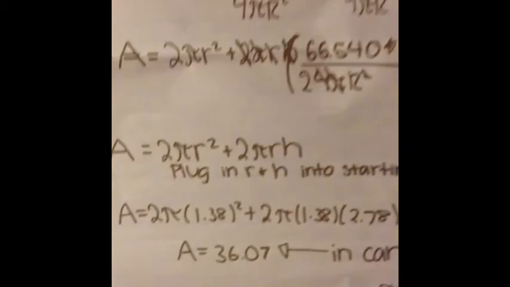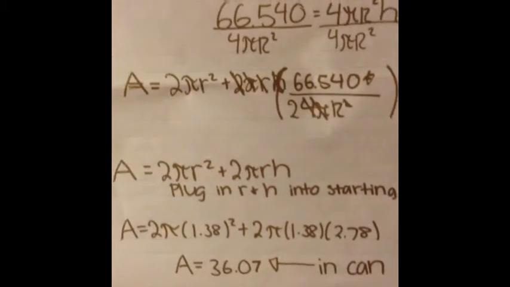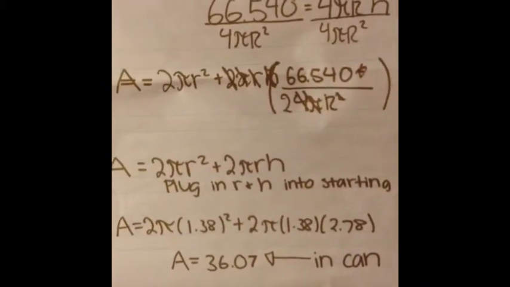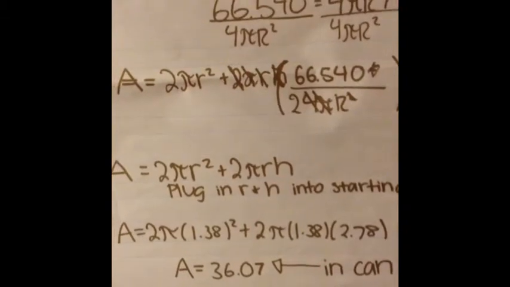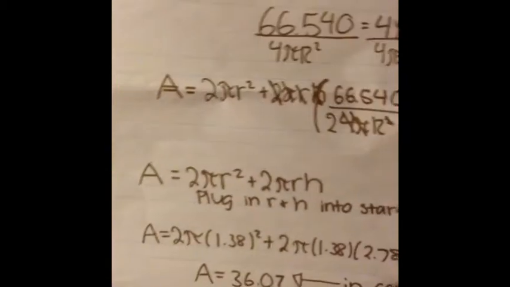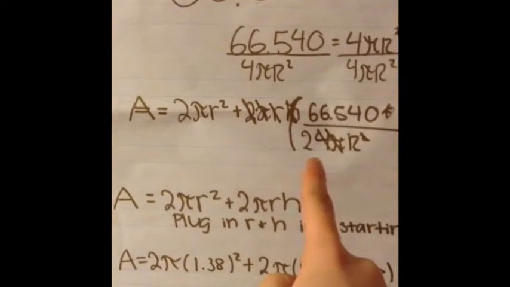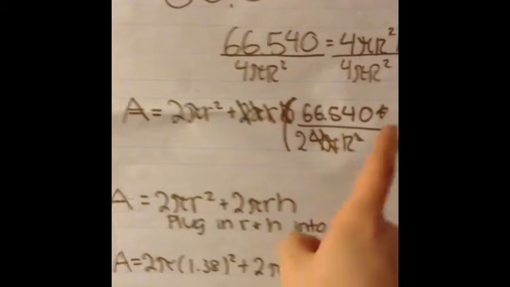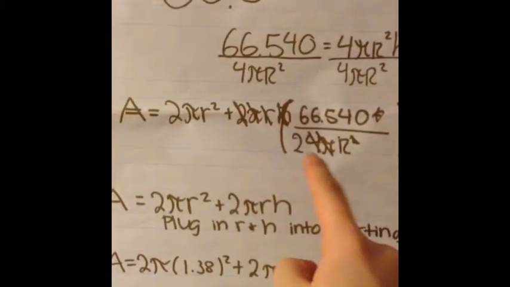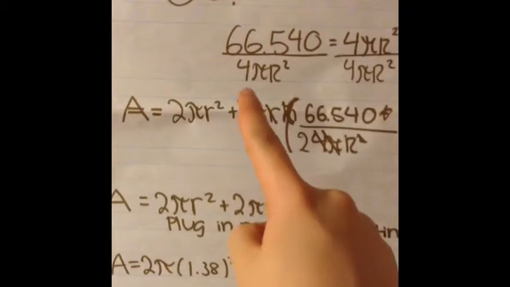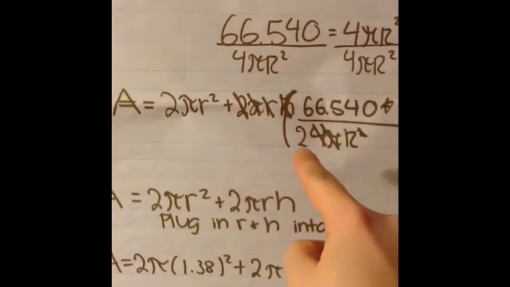So you're going to take the original equation from up here and plug in your 66.540 over 4 pi r squared and put it into the equation. Now when you substitute it in for h, you're going to find that you can take out that 2 and 2 of that, which leaves you 2 out of the 4.